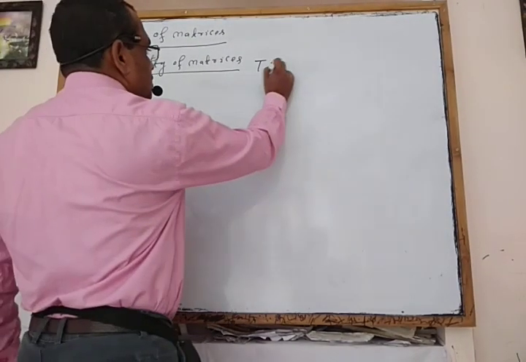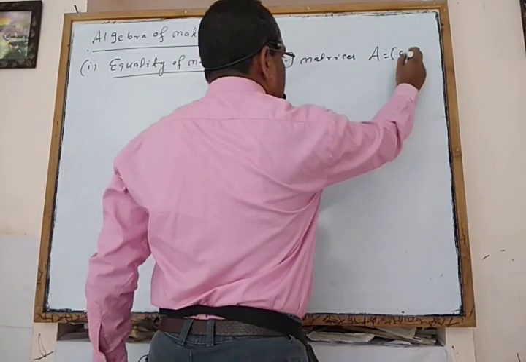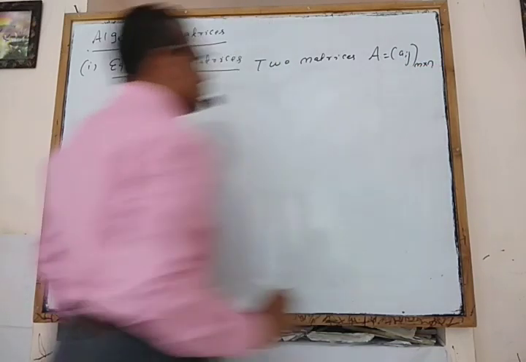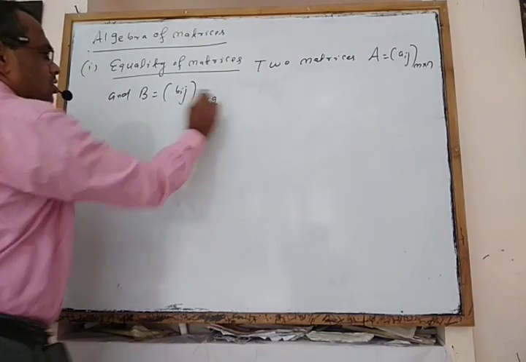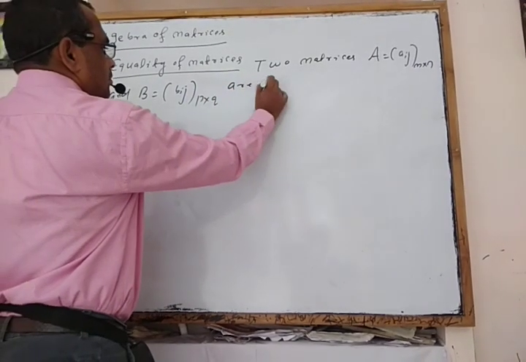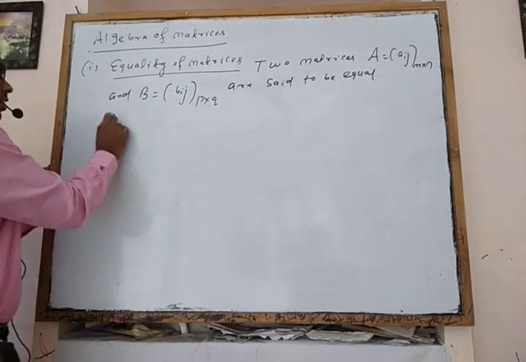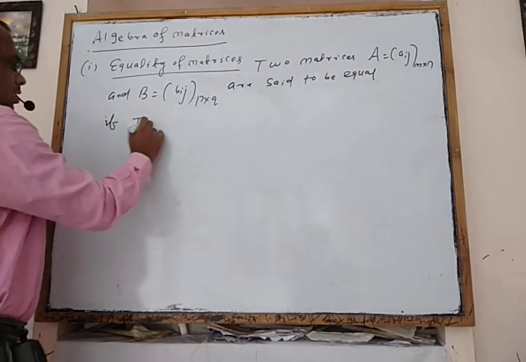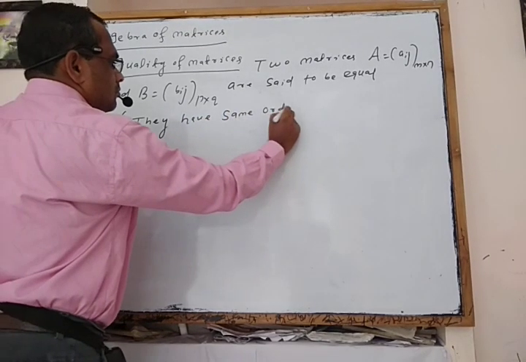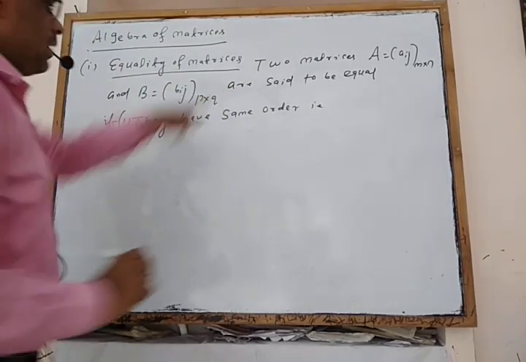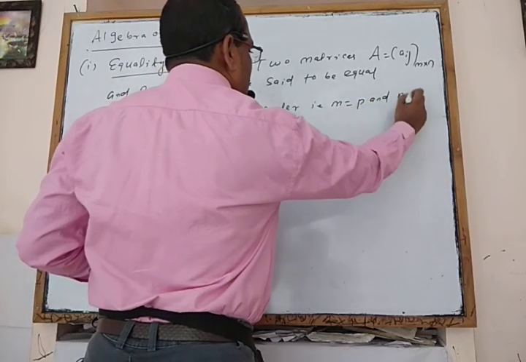Two matrices A = [aij] of order m cross n and B = [bij] of order p cross q are said to be equal if number one, they have the same order, that is m equals p and n equals q.